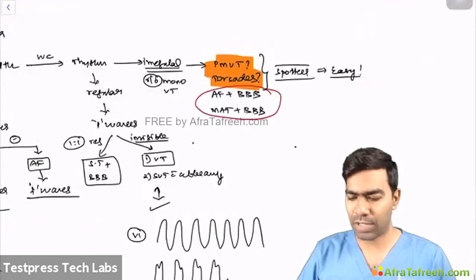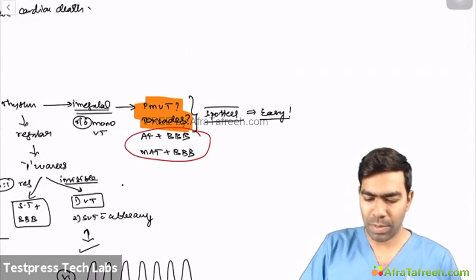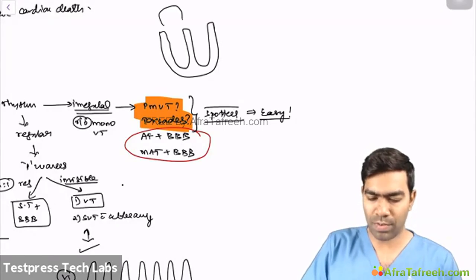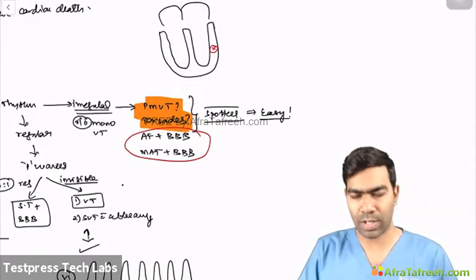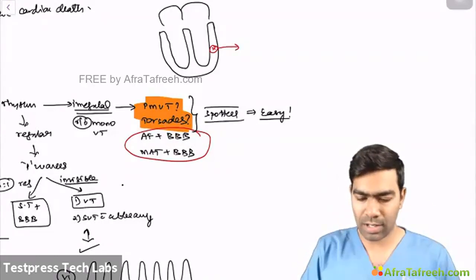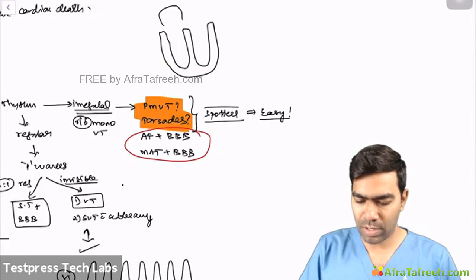But on the other hand, if you see polymorphic ventricular tachycardia or Torsades, we know what monomorphic VT is, but we have not told what polymorphic VT is. In a polymorphic VT, you're going to have VT that originates from different locations. As we told you for multifocal atrial tachycardia, one complex will originate from this area, and the next complex will originate from this zone, and the next from this zone, next from here, next from here.